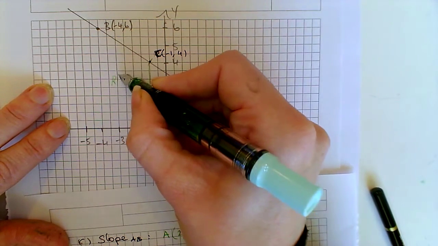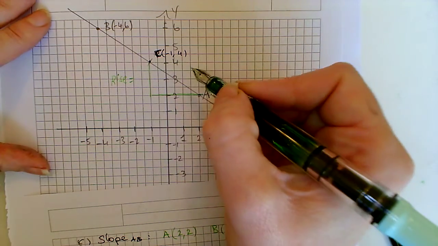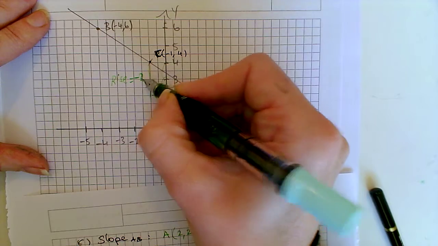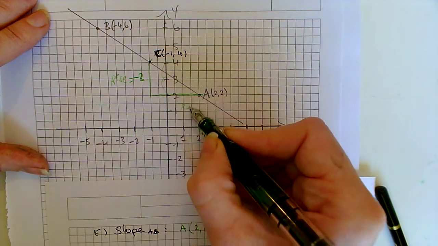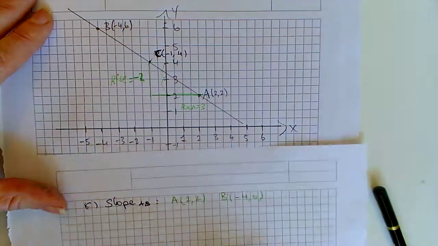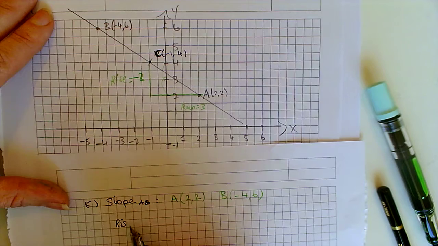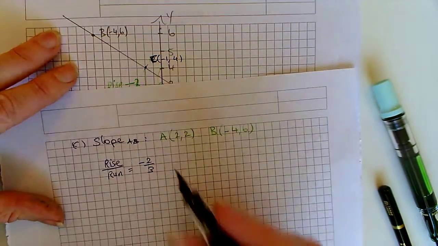So my rise is minus 2 spaces down like that. And my run, 1, 2, 3, is 3. So I could just write down rise over run equal to minus 2 over 3. And if I've shown my work on my graph like this, I'll get full marks.